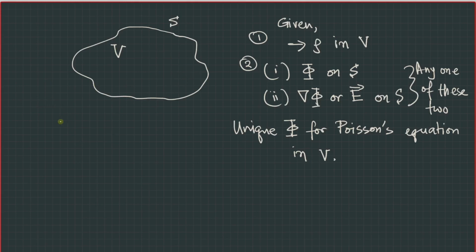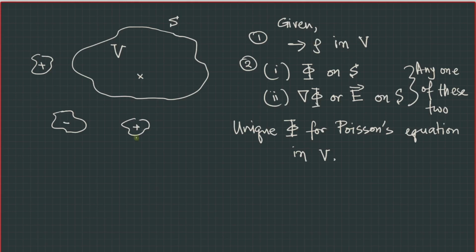Now, there might be charges present outside this volume. Alright? Now, these charges will affect the electric potential at some point inside the volume, apart from, of course, the charge density inside the volume.